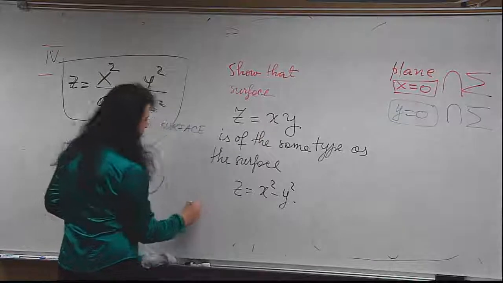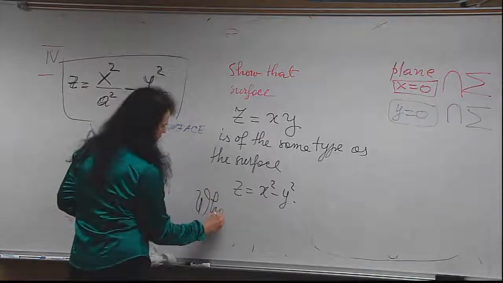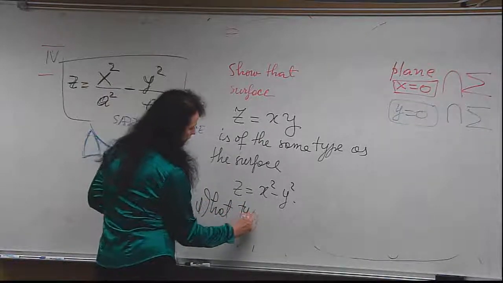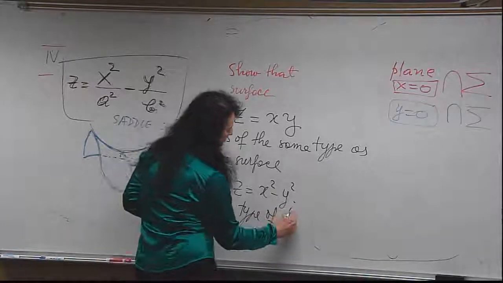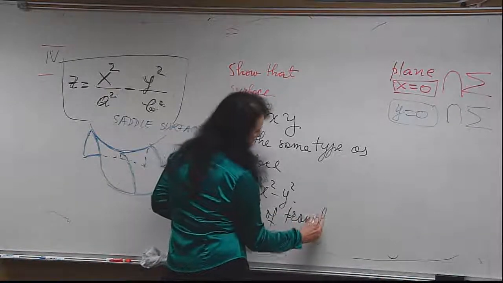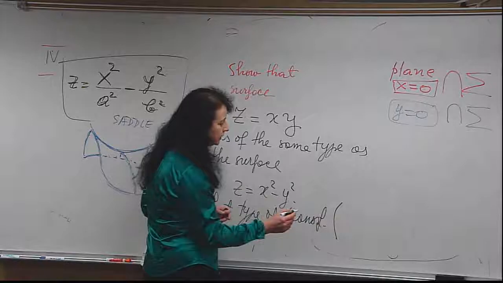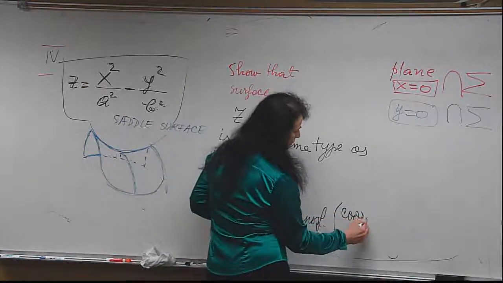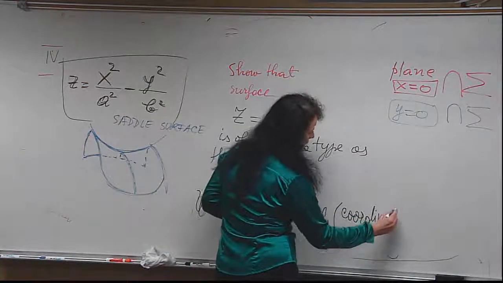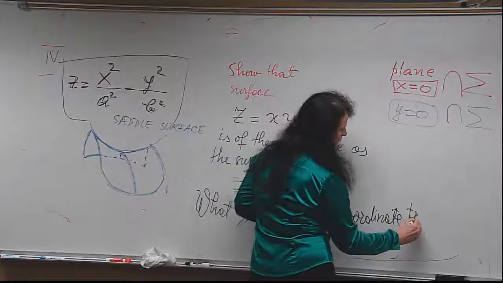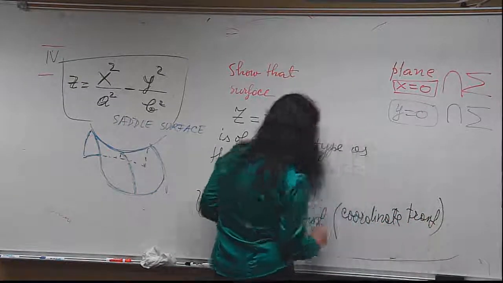What kind of transformation should you consider? What type of transformation, parenthesis, coordinate transformation, should you consider?